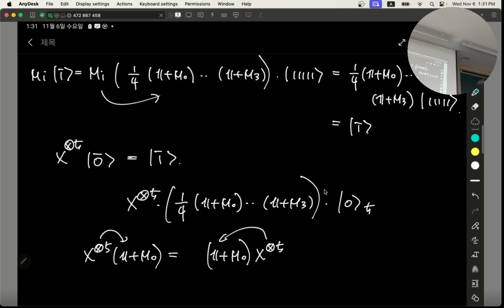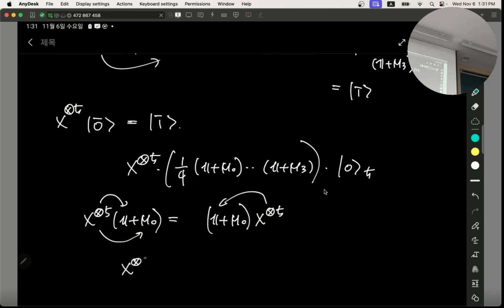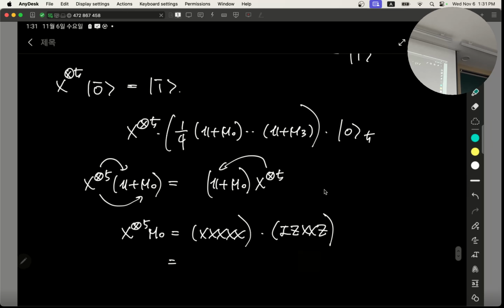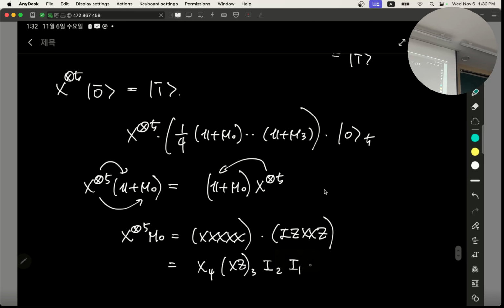But when I apply it to m0, what happens? 5 X's multiplied with m0 is X, X, X, X, X times I, Z, X, X, Z, right? So it's X on the 4th qubit, XZ on the 3rd qubit, X squared, so it's I, on the 2nd qubit, another X squared on the 1st qubit, and then XZ on the 0th qubit, right?